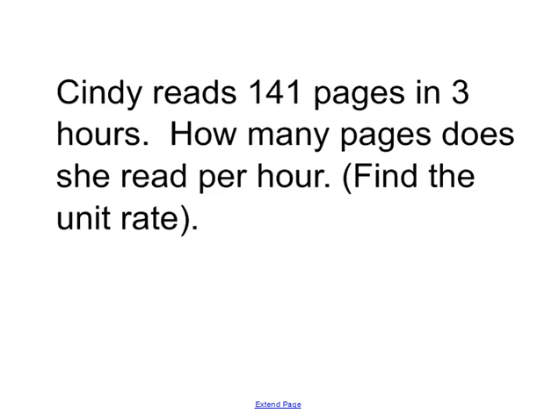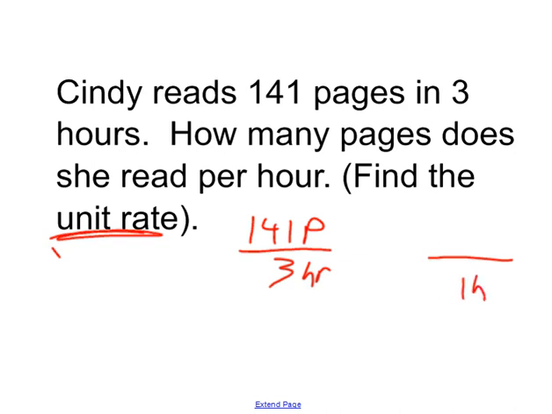Here's another problem. Cindy reads 141 pages in 3 hours. How many pages does she read per hour? Find the unit rate. The unit rate, of course, is if she did it in 1 hour. How much would she read in 1 hour? So I've got a ratio here of 141 pages in 3 hours, and I need to write that into having a denominator of 1 hour. So I need to divide both the numerator and the denominator by 3, so I can keep the ratio the same.